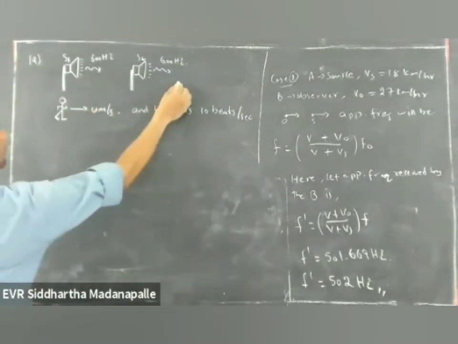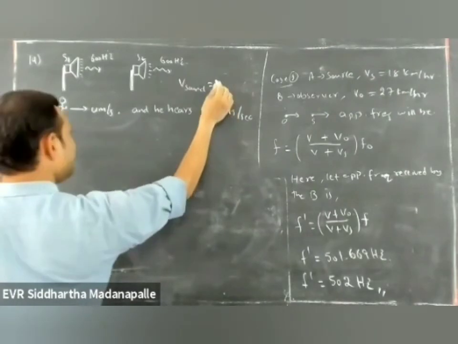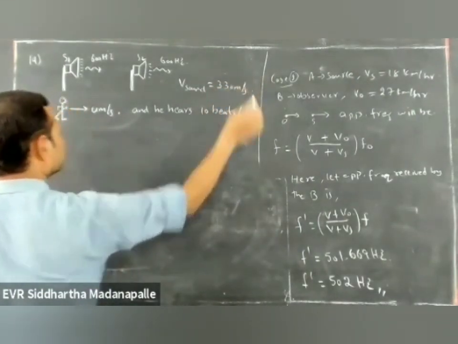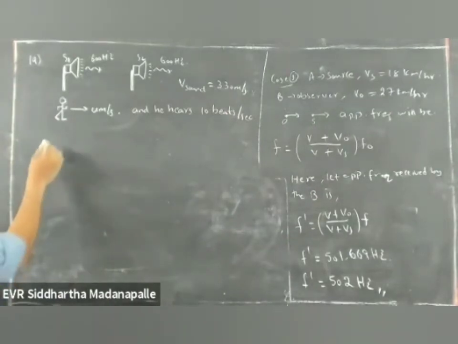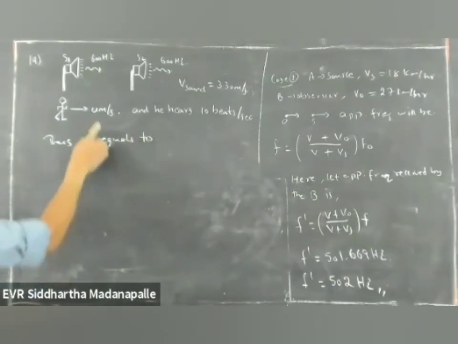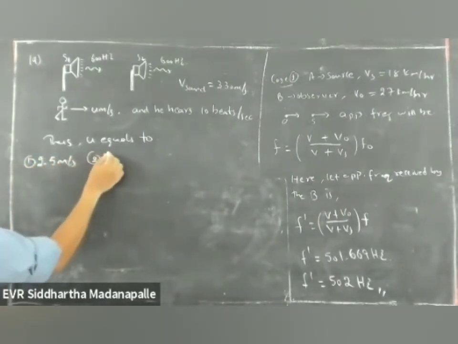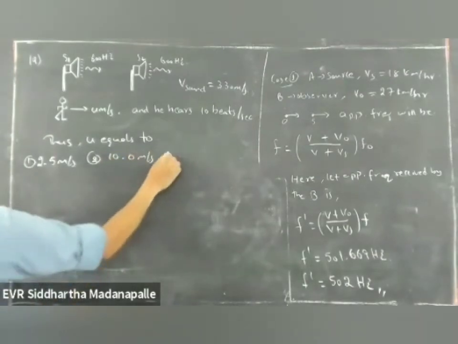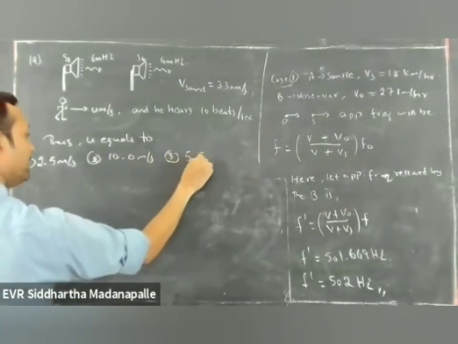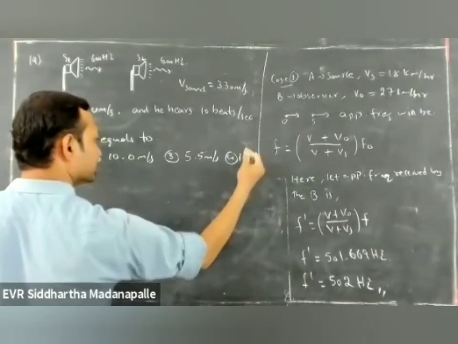The velocity of sound is given as 330 meter per second. Then u equals to, that is, we need to calculate the velocity of the person. Options: option 1, 2.5 meter per second; option 2, 10.0 meter per second; option 3, 5.5 meter per second; and option 4, 15 meter per second.